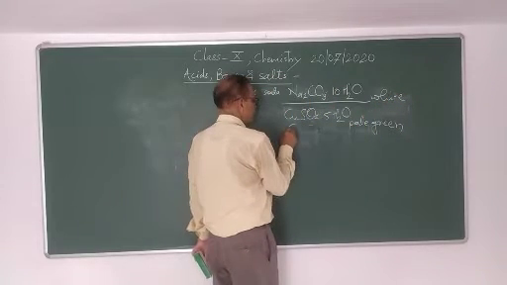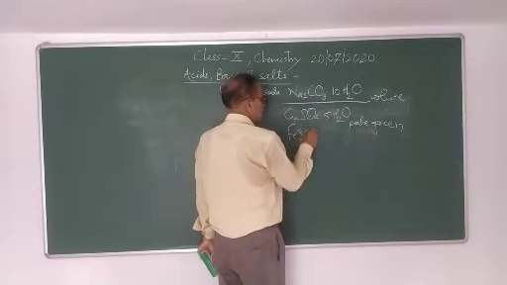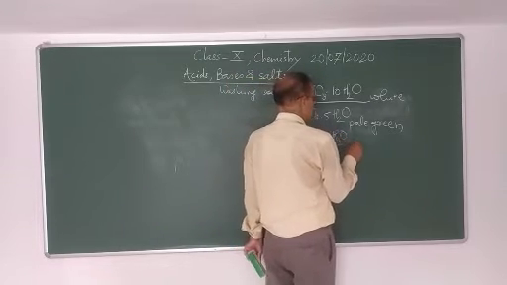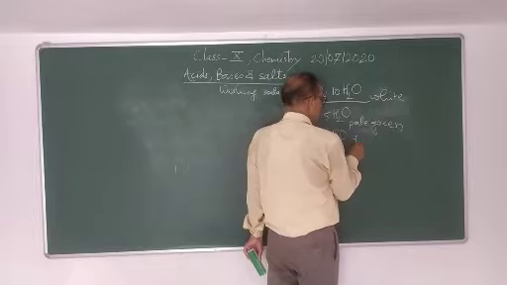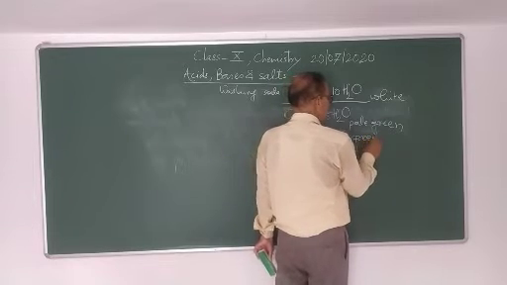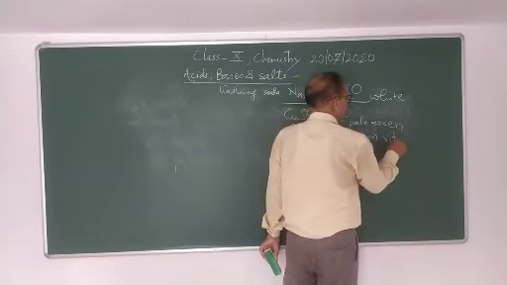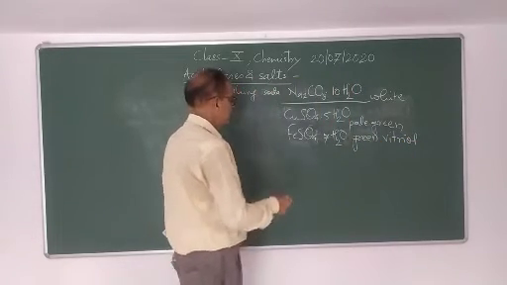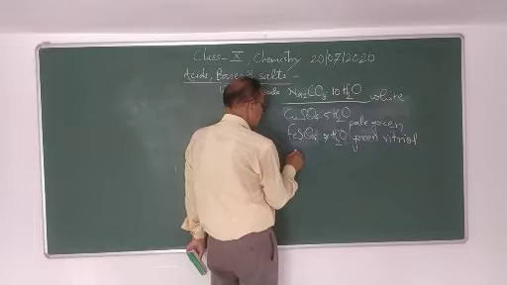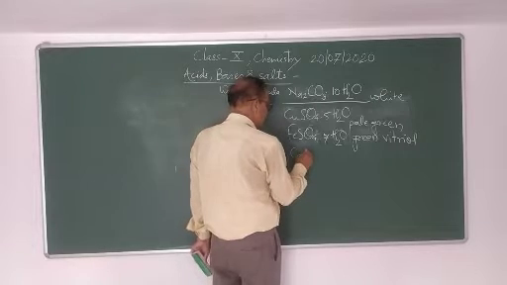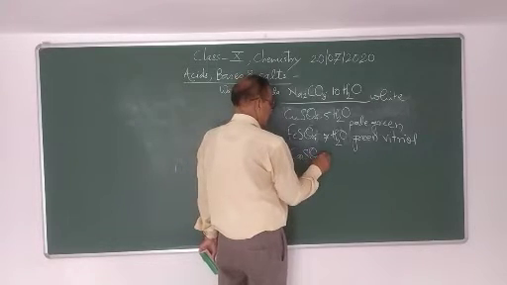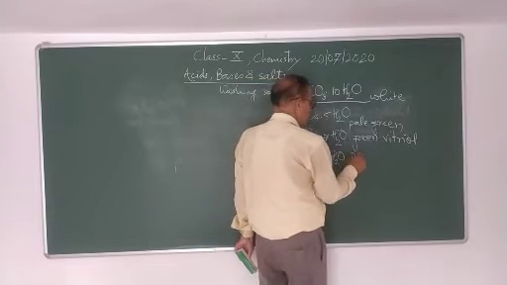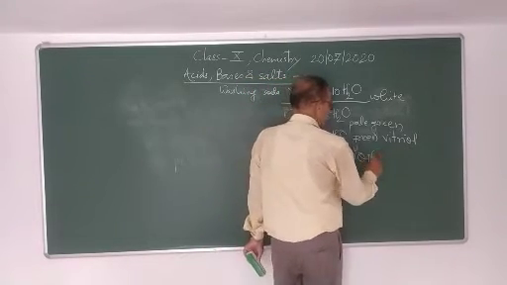Then FeSO4·7H2O. This is green vitriol. Then CaSO4·2H2O. This is POP, that is plaster of Paris.